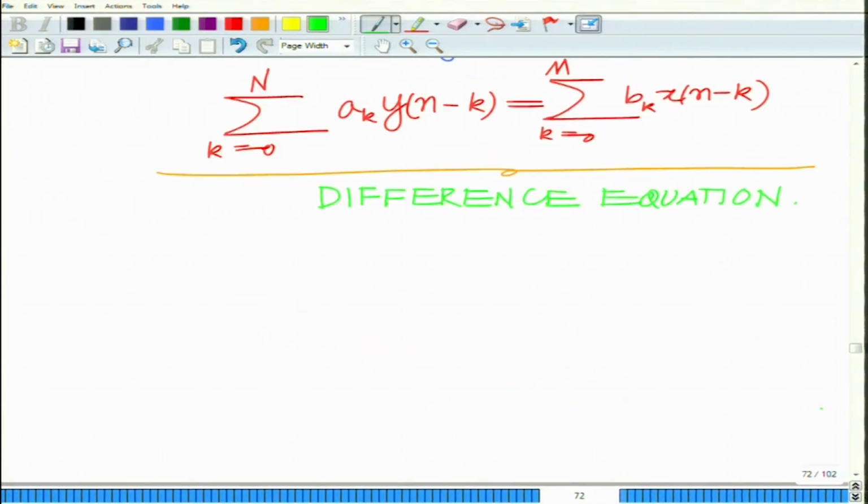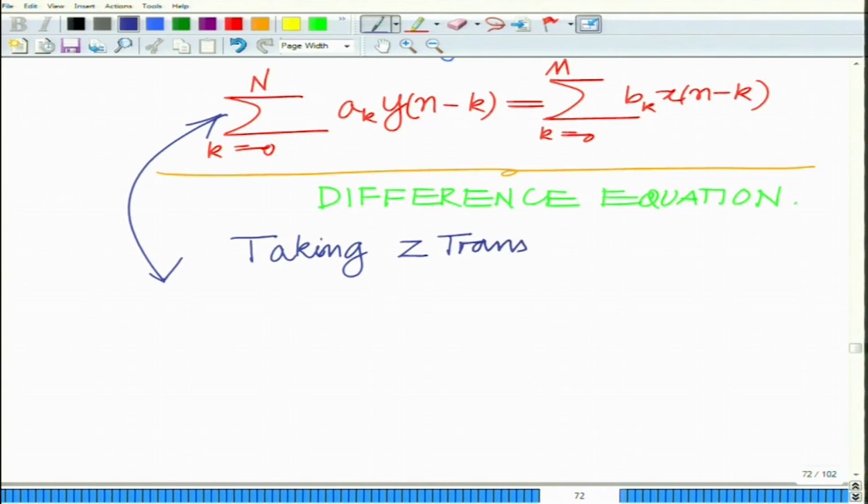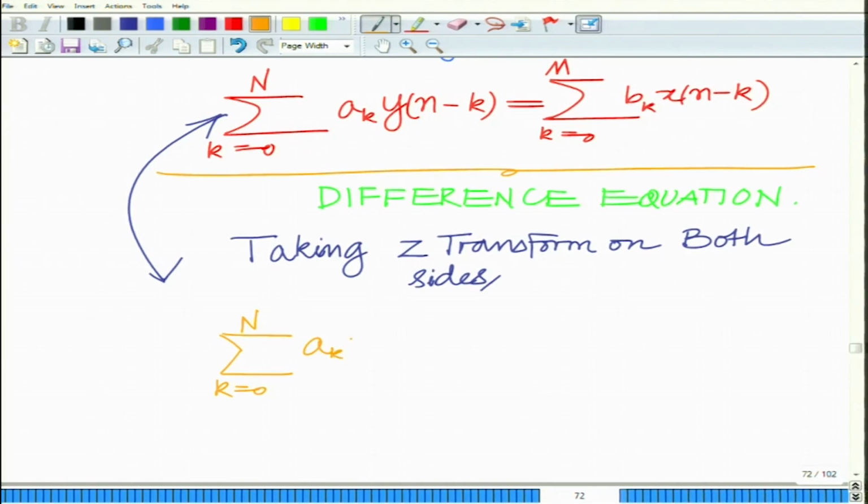Now, taking the z transform on both sides, we have the summation over k equals 0 of a_k, remember the z transform of y[n-k], that is y[n] delayed by k, is Y(z) z^{-k}, equals the summation over k equals 0 to M of b_k, and the z transform of x[n-k] is X(z) z^{-k}.